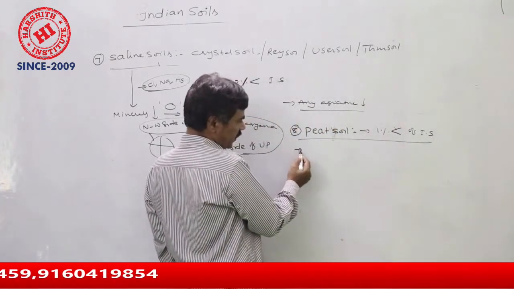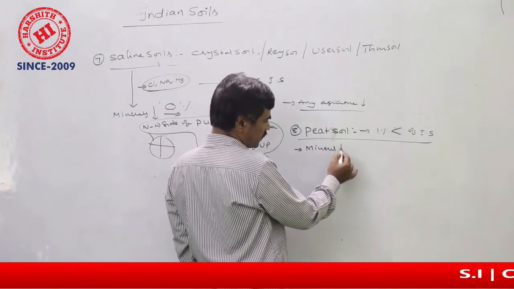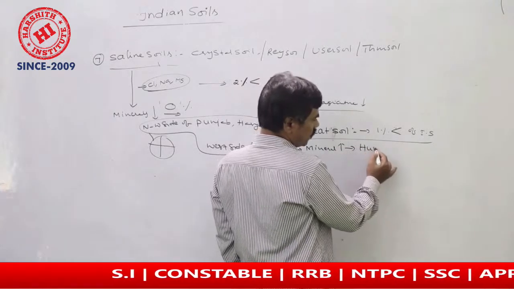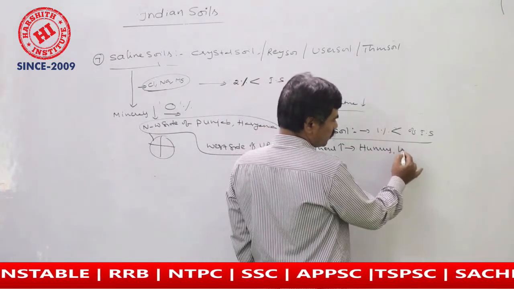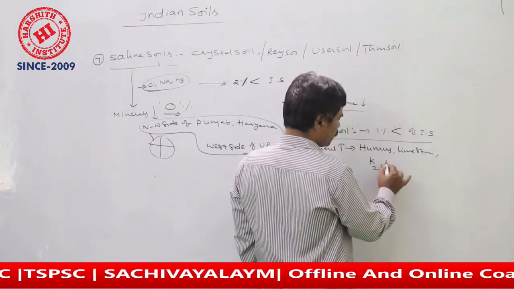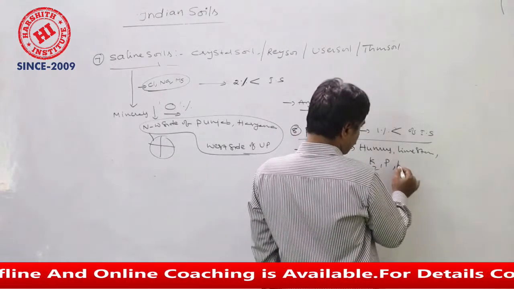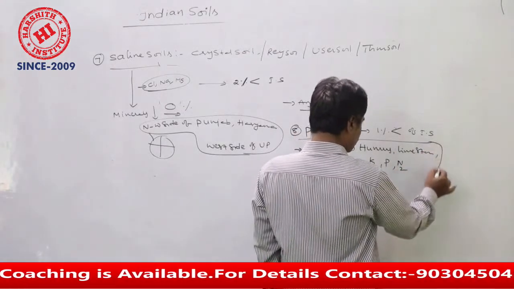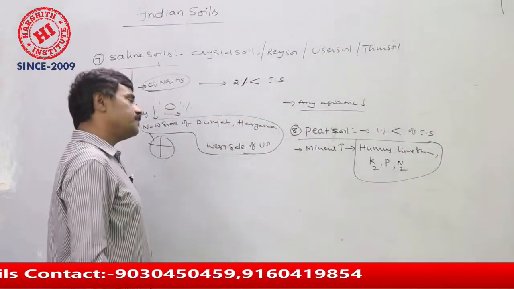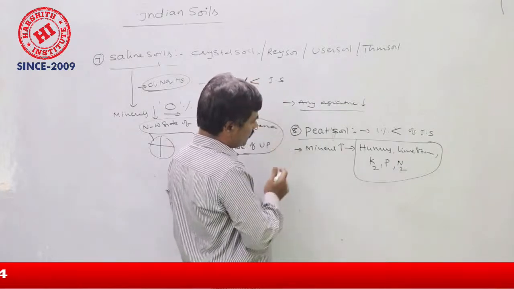These soils have the highest percentage of all minerals: humus, maximum limestone, potash, phosphorus, and also nitrogen. So this peaty soil is a high fertility soil.